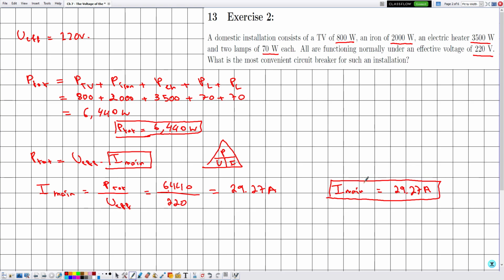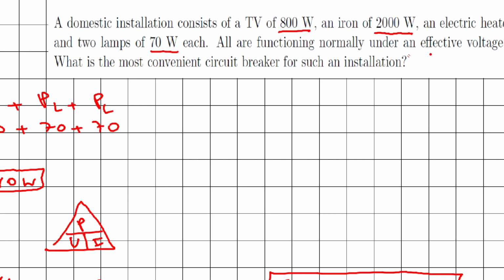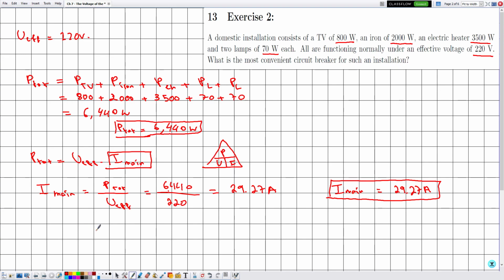So yet we didn't answer the question, which is what is the most convenient circuit breaker. Let's refer to the definition of the convenient circuit breaker. The most convenient circuit breaker is the one having a rated current slightly greater than the main current.